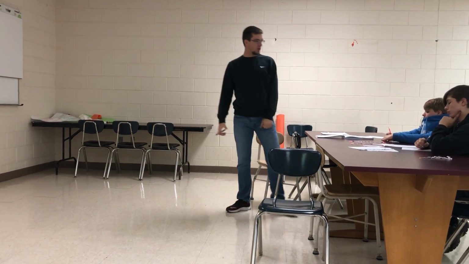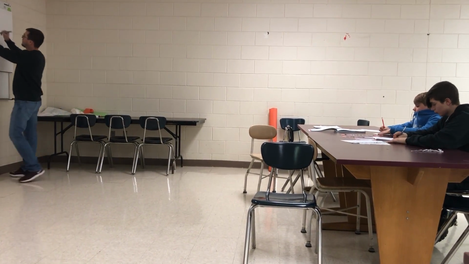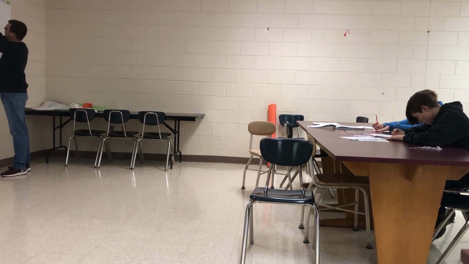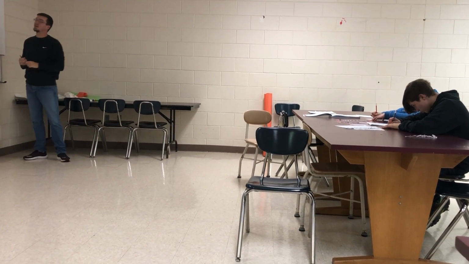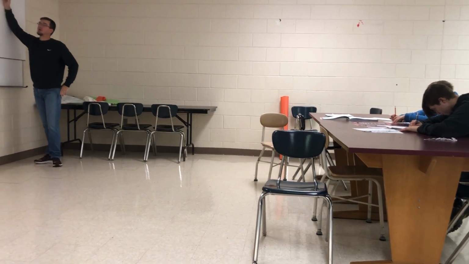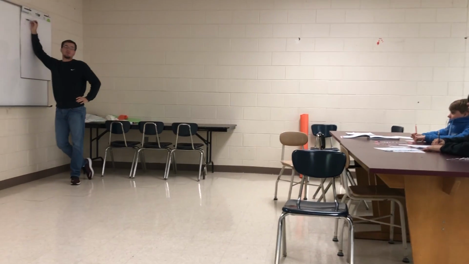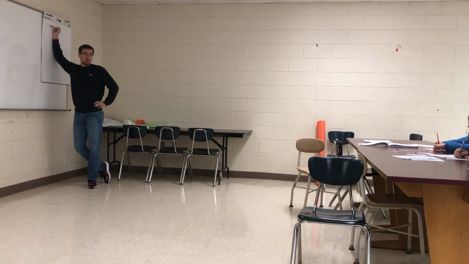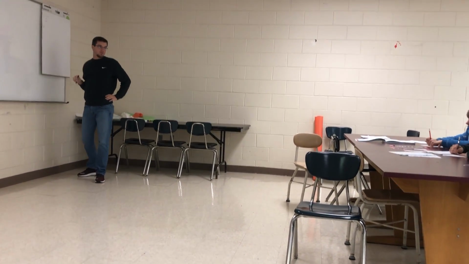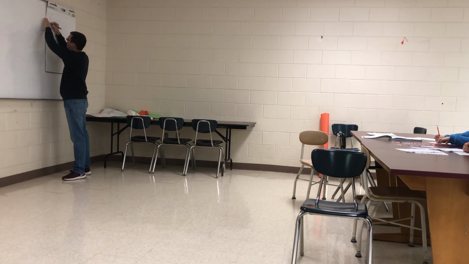Then we're going to draw our rectangles, our graphs. Step number 2. How many rows am I going to have? 9. How many columns am I going to have? 6. I've got 9 rows and 6 columns.